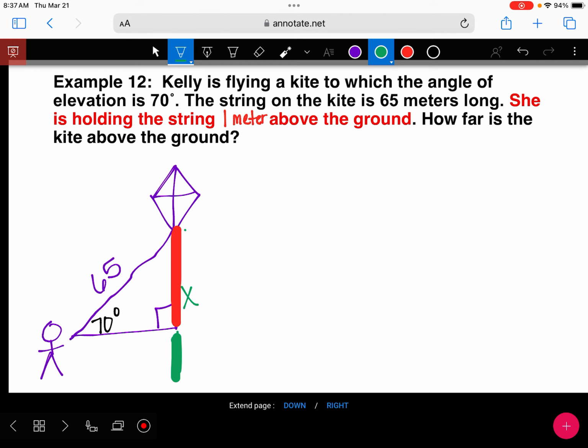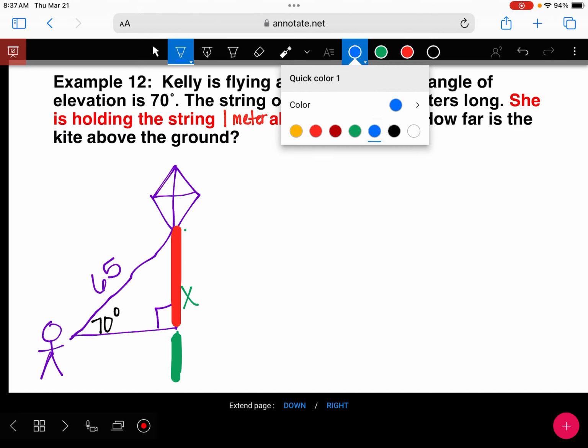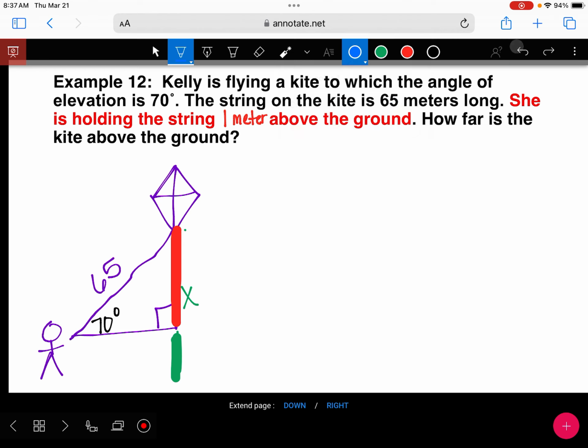So what trig ratio am I going to use? Who says I'm using cosine? Who will use sine? Who will use tangent? All right, so let's look at this. The x, is that opposite, adjacent, or the hypotenuse? Opposite from Kelly. The 65, which is the kite string, is your hypotenuse.